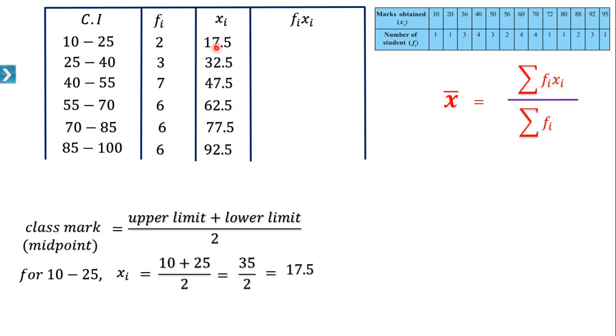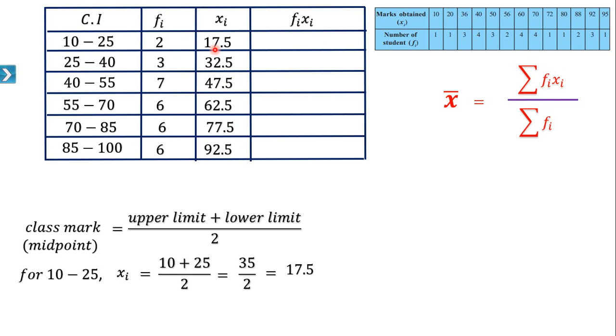Now, draw the table. For fi xi: 2 into 17.5 is 35, 3 into 32.5 is 97.5, 7 into 47.5 is 332.5, 6 into 62.5 is 375.0, 6 into 77.5 is 465.0, 6 into 92.5 is 555.0.